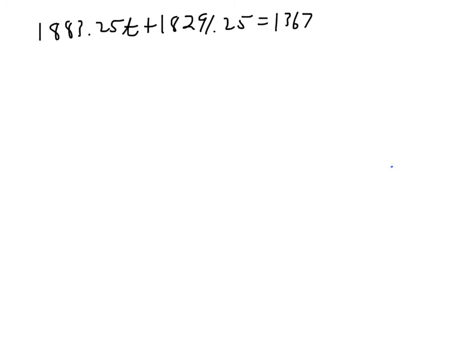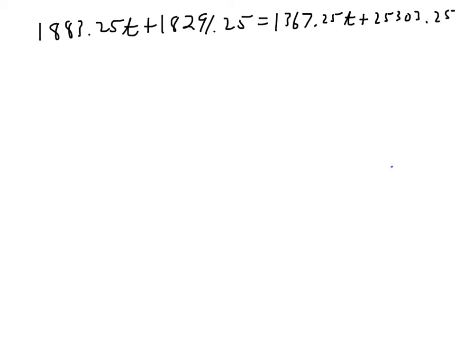It's kind of long, but we would have 1883.25t plus 18,291.25 equals 1367.25t plus 25,303.25.